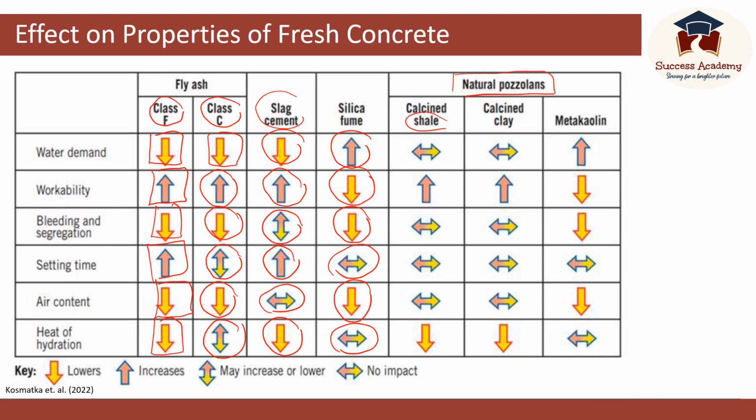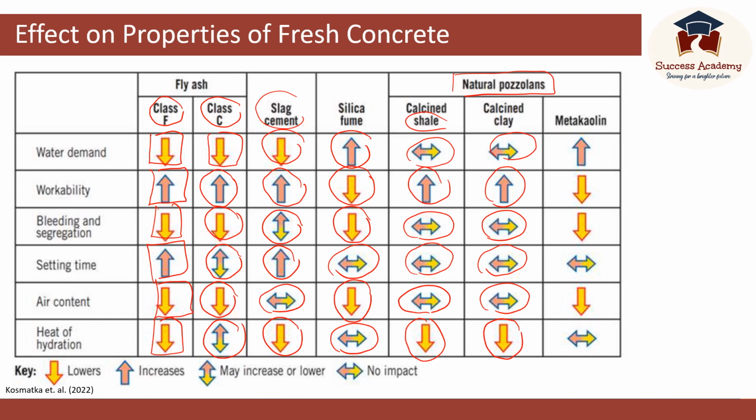Shale has no effect on water demand, increases the workability, no effect on bleeding or segregation, no effect on setting time, no effect on air content, and reduces the heat of hydration. Clay has no effect on water demand, increases the workability, no effect on bleeding or segregation, no effect on setting time, no effect on air content, but reduces the heat of hydration.